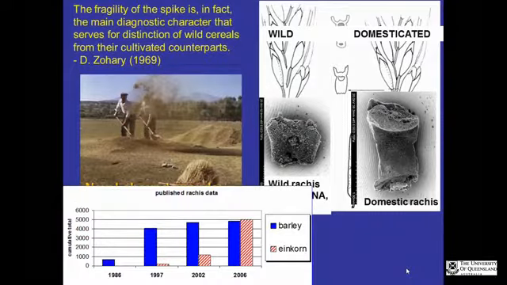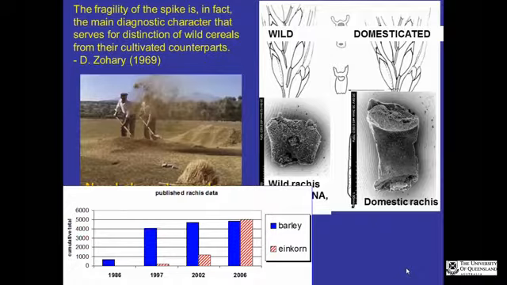Now, archaeologists have known for a long time that potentially we could study it in this way, but we simply didn't have the data to actually look at this process until relatively recently. And the best studied part of the world for the origins of agriculture is the Near East, Western Asia, where wheat and barley are domesticated. And what this chart shows is the number of published, quantified rachises of einkorn wheat and barley based on years of publication date over time.